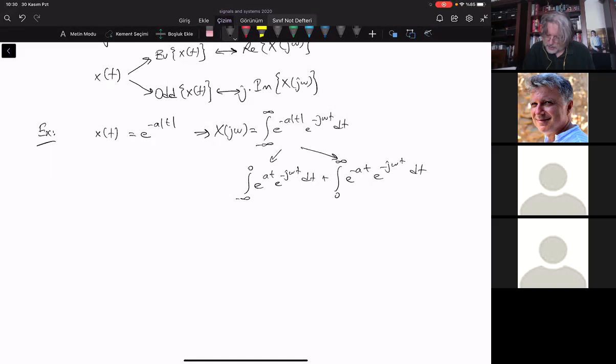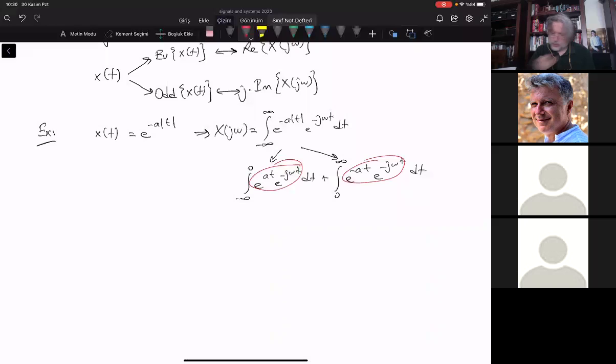Clearly, you can combine these exponentials into one exponential term, and the integral of an exponential is something that we know. It is 1 over that exponent term, e to the exponential, from 0 to minus infinity, or from infinity to 0.